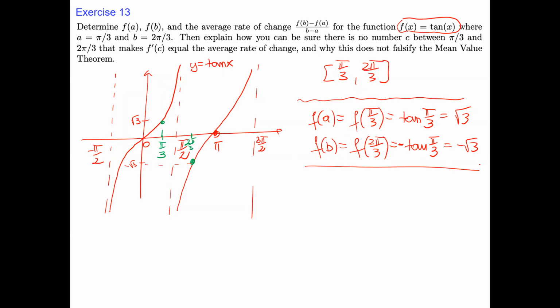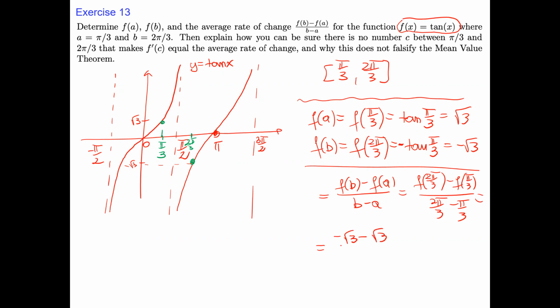Okay, we have this, and now we will try to compute f of b minus f of a over b minus a. Let's see what we will get. Because this is supposed to be the derivative, but okay: f of b, f of 2 pi over 3, minus f of pi over 3, over 2 pi over 3 minus pi over 3. f of 2 pi over 3 was negative square root of 3 minus positive square root of 3.